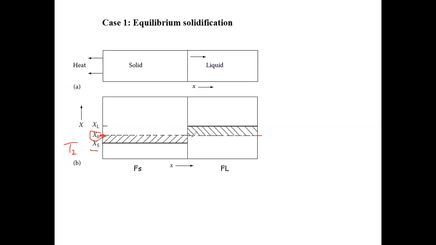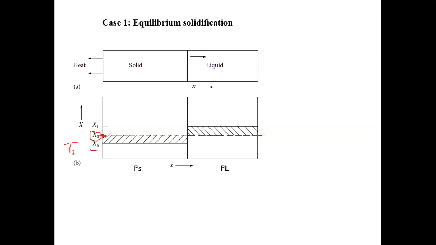Initially, every part of the system has the same amount of solutes, which is X naught. But when you form solid at different temperatures, you will see a different composition in the solid phase. It starts with a very low composition and starts to increase. And for the liquid, it starts with X naught and then keeps on increasing, right? So this means a redistribution of the solutes.